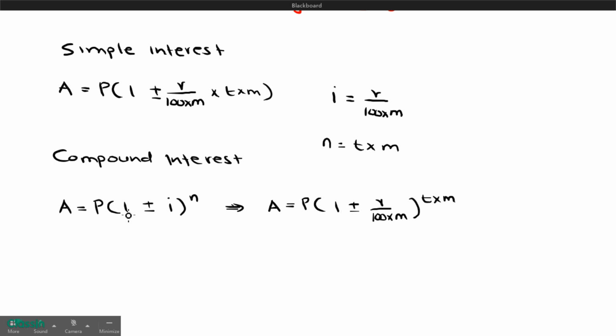So this formula and this are the same. And on your formula, we have plus or minus. A positive tells you about appreciation, and negative tells you about depreciation.